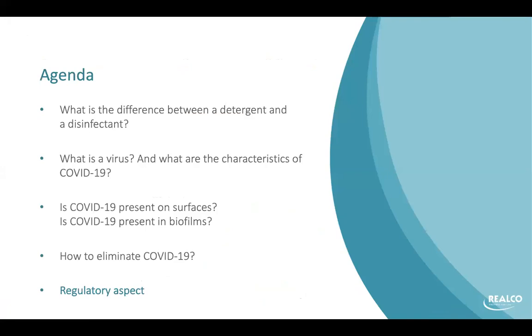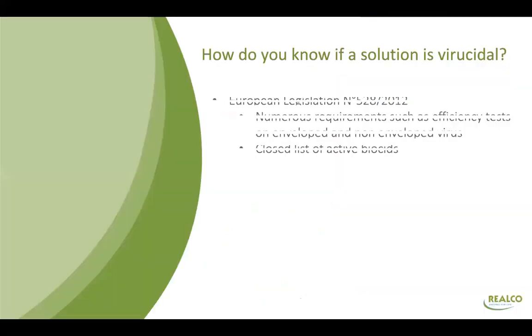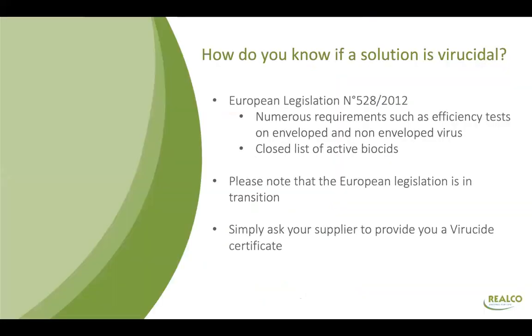Okay, so for this last part, we would like to know which molecule can be considered as a virucide. So let's focus on the European regulation. A virucide is included in the European biocide regulation and has to meet multiple requirements.